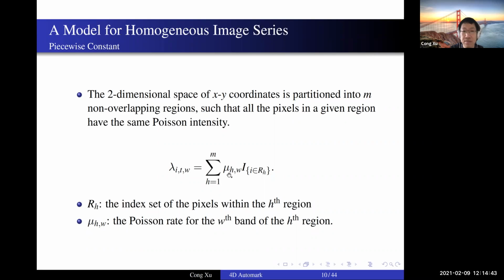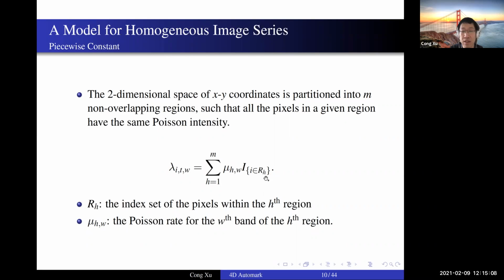All the pixels in the same region share the same Poisson intensity. Here we use mu to denote that, where h denotes the index for the region and w is the index for the energy band. So for the pixels in the same region, they share the same Poisson intensity.